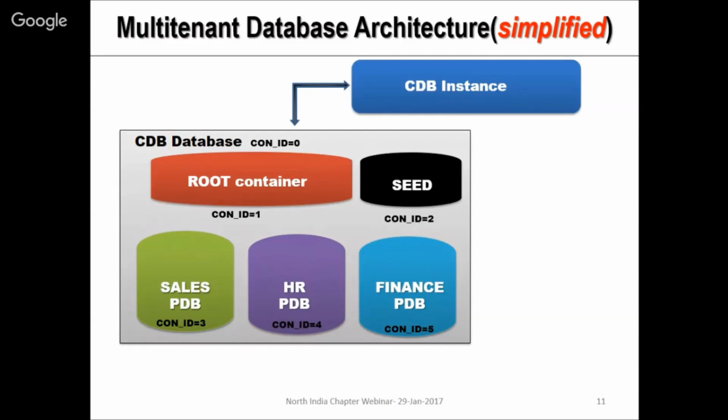Just like you can do show user, the same way you can do show con_id. The con_ID is shown as 0 here, which is meant for the entire container database. Then we have con_ID equal to 1 and 2 assigned to root and seed. This is hard-coded, and that is a very good way to identify which container you're currently working in.